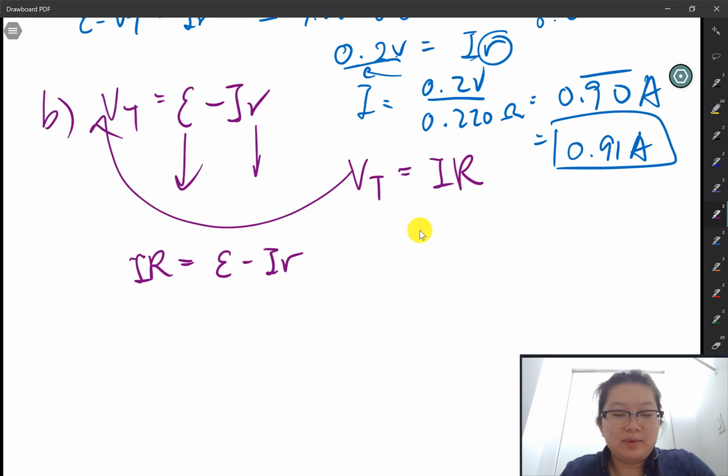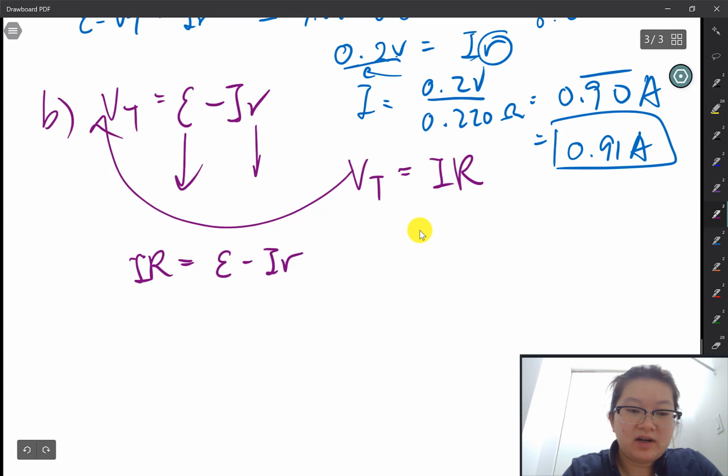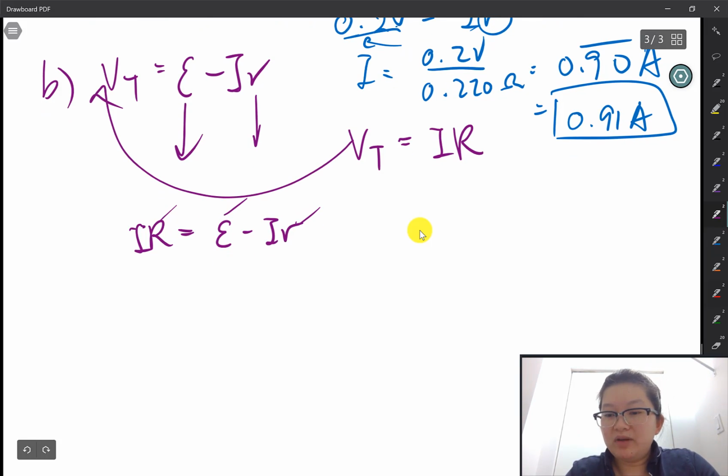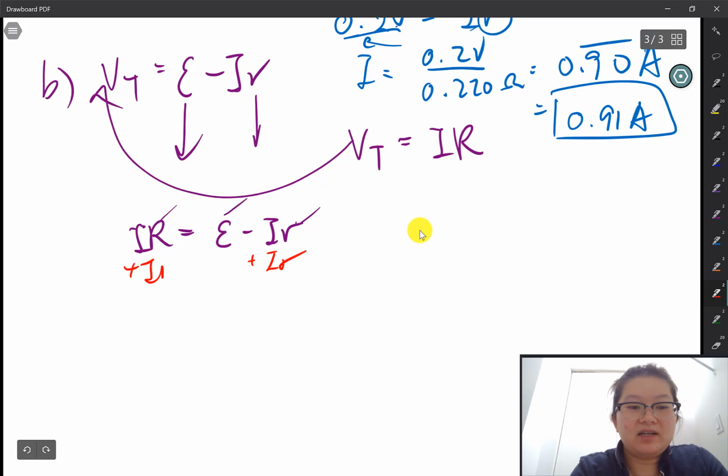And we want to solve for the current. We'll just do some algebra and isolate for that I, since everything else should be the same as before. The resistance of the internal resistor and the EMF of the battery will stay the same. Doing a bit of rearrangement, let's put the I's together. I'm going to add I small r on both sides of the equation.